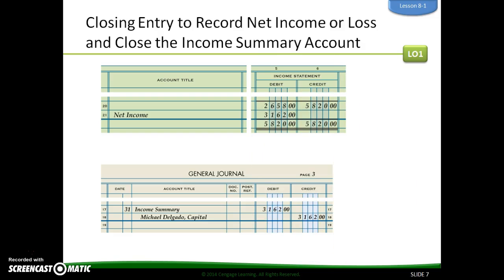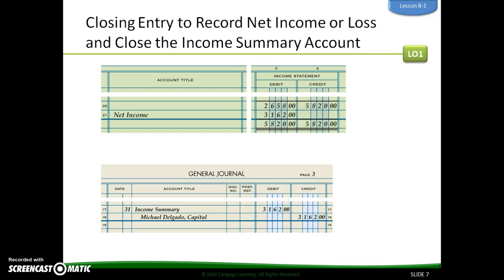Now, when we're looking at the closing entries that we would use to record the net income or net loss, and then actually close the income summary account, what we're looking at here is that we have a debit of $26.58, and then we have that credit of $58.20.